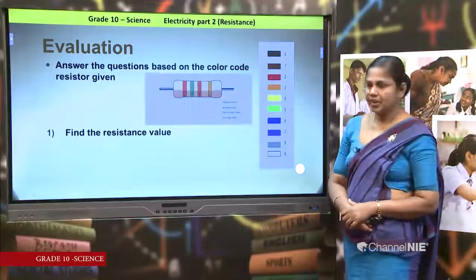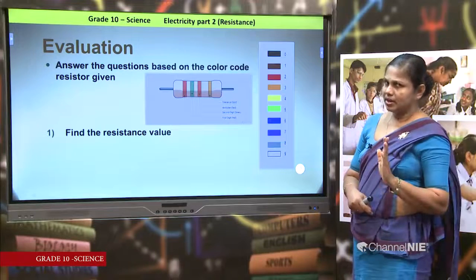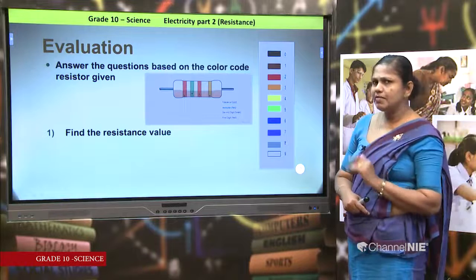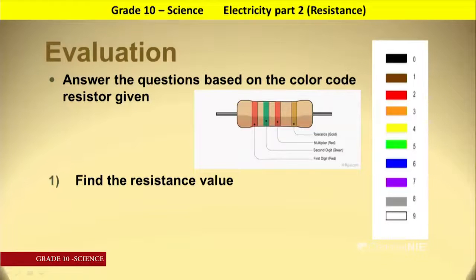Look here. Now I am going to show you how to find the value of another resistor, children. Then this will make you understand properly. Okay, look here. Answer the questions based on the color code resistor given.